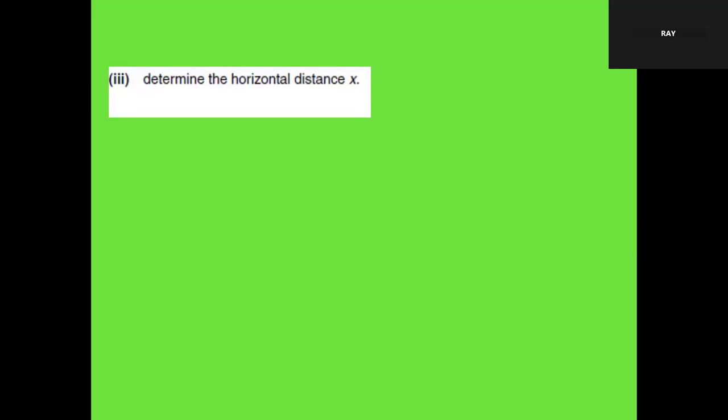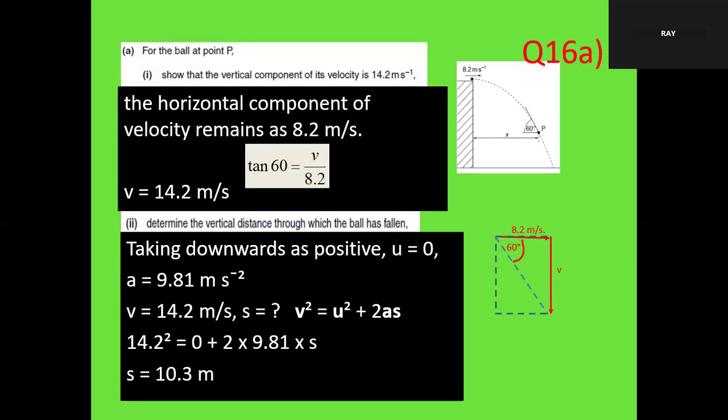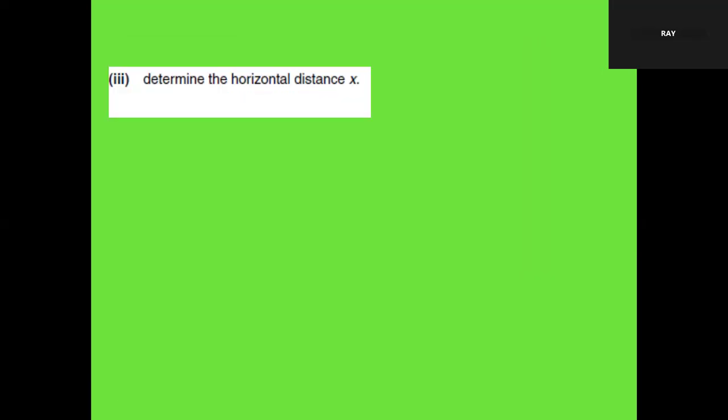Determine the horizontal distance X. How to do that? Find the vertical time first.